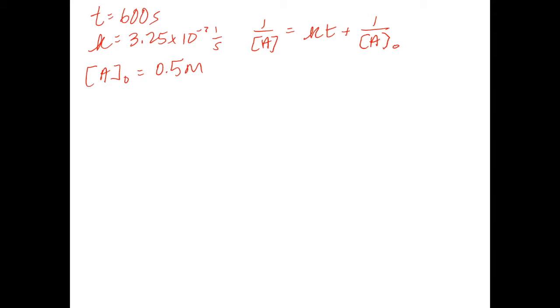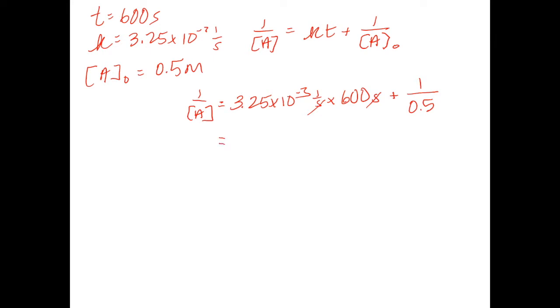All right, so plug stuff in. This is what we don't know. So we got 3.25 times 10 to the minus 3, 1 over seconds. And we're going to multiply that by 600 seconds. And then we add 1 over 0.5.